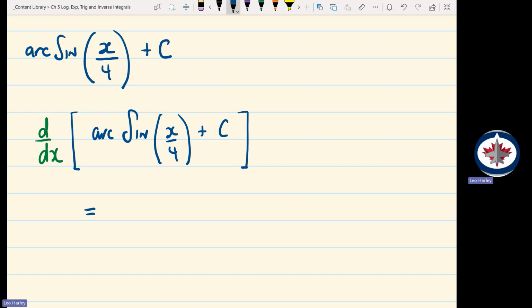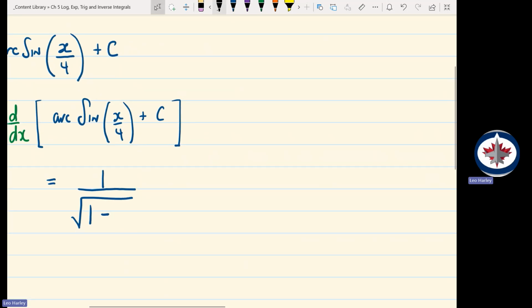Well, isn't the derivative of arc sine, I know there are lots of missing pieces, going to be 1 over the square root of 1 minus, if we recall, 1 minus u squared? So in this case, maybe we'll write it here so you guys can see it because it's been a little while.